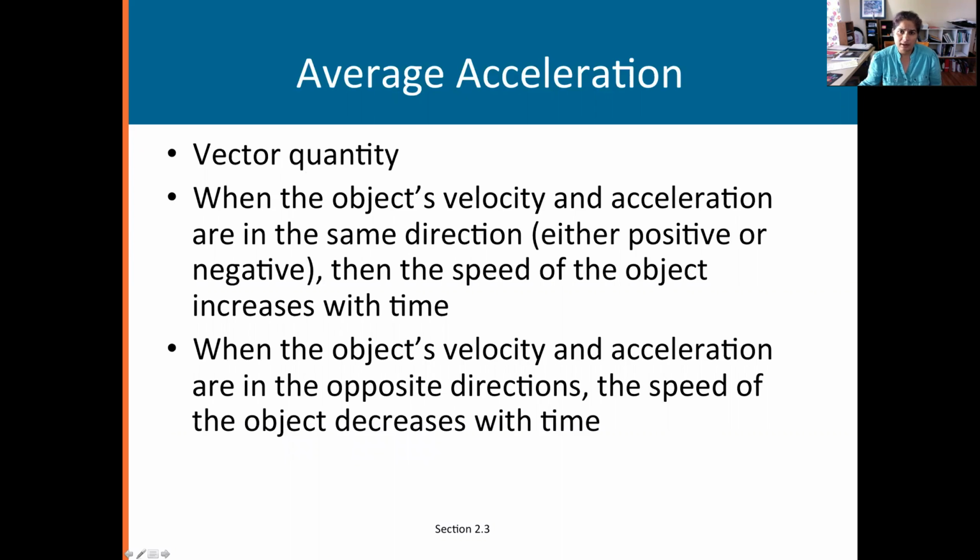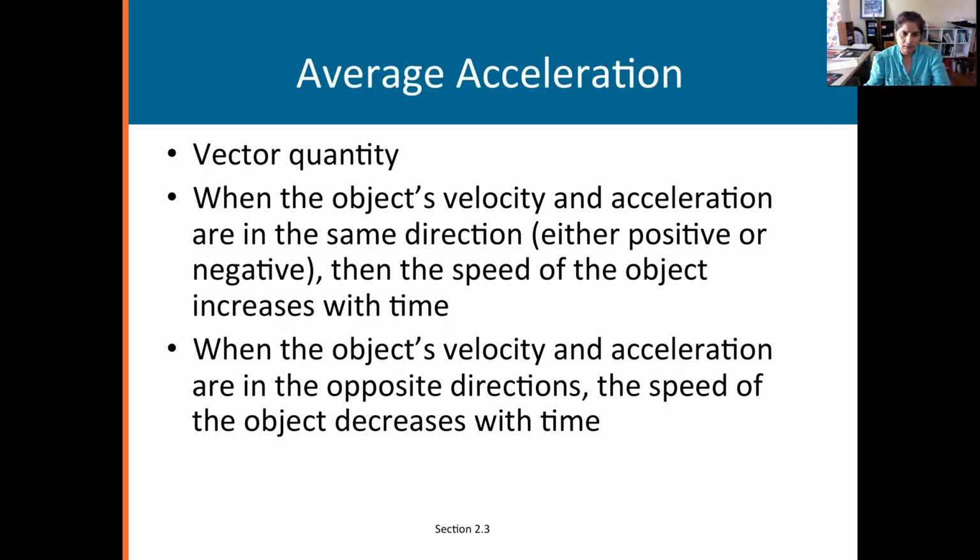So we just saw that average acceleration is a vector quantity. There are a couple of things that you want to note. In one-dimensional motion, again, for the direction of the acceleration, we're just going to use a positive or a negative sign. That will be sufficient for us. If it's a positive sign, then the velocity and the acceleration are in the same direction, and the acceleration is to the right.